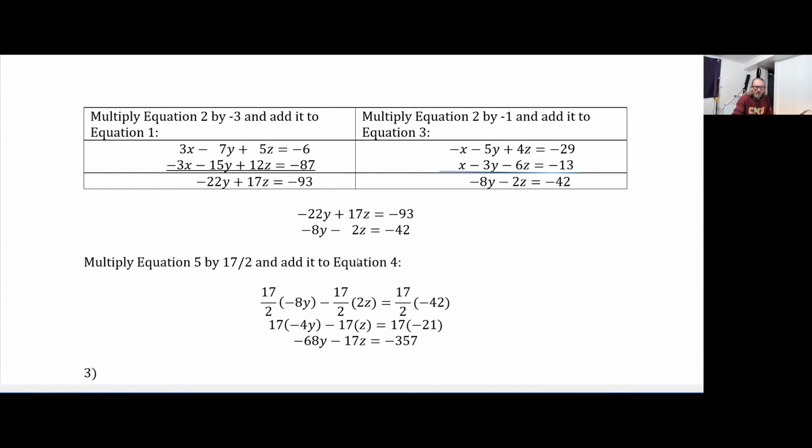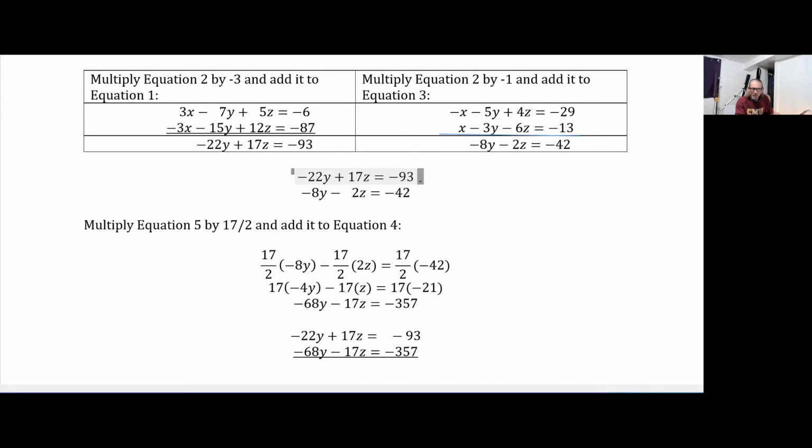So I do have a negative 17z to cancel with positive 17z up here in equation 4. Granted, we're dealing with some bigger numbers, but I suspect that if I had gone a different route, I could still do it, but the numbers would be even worse. So now I'm going to add that thing that's equivalent to equation 5 and add it to equation 4.